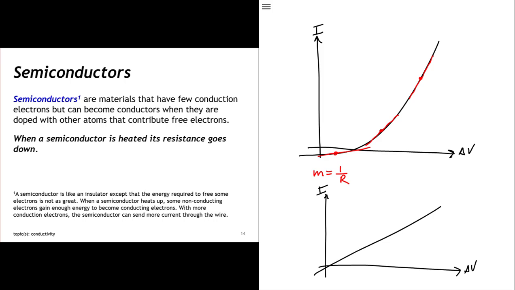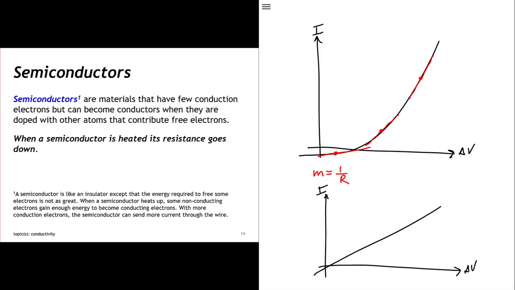Whereas semiconductors are materials that have relatively few conduction electrons, but can become conductors when they are doped with other atoms that contribute free electrons. Doping means you're adding a little bit of impurity to increase one of the properties that you desire. When a semiconductor is heated up, its resistance actually goes down. Resistance is a measure of potential difference per current, at least that's how we defined it.